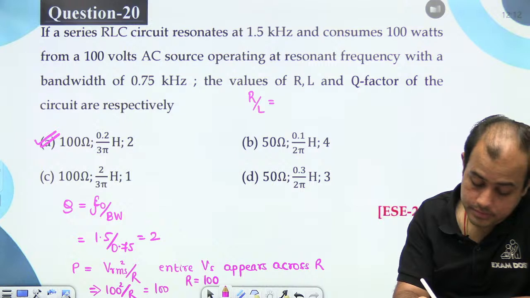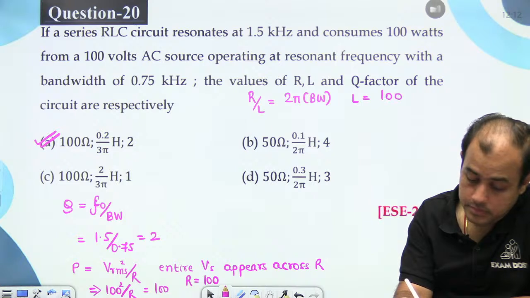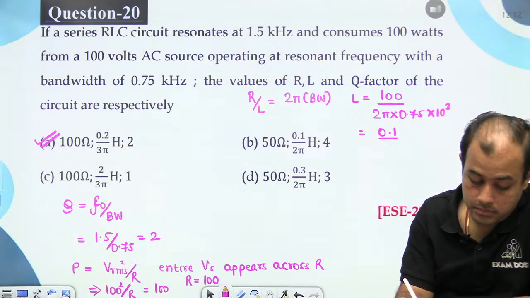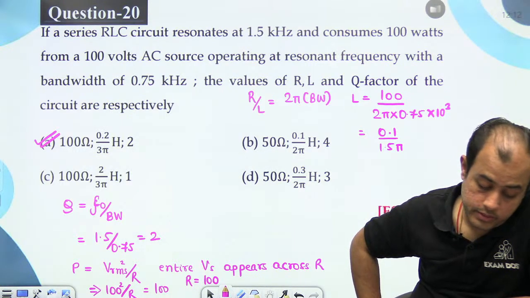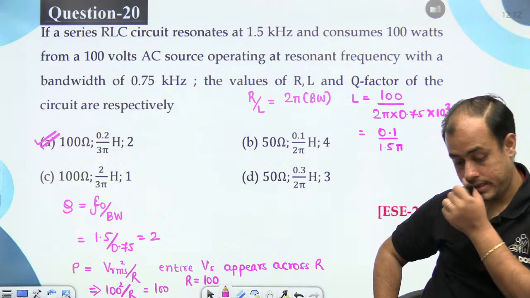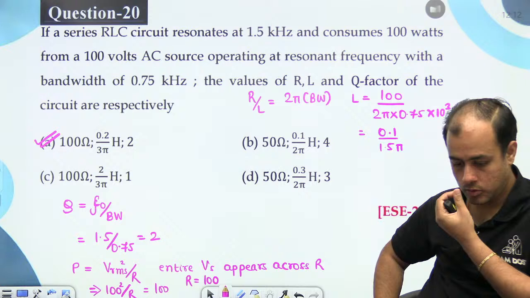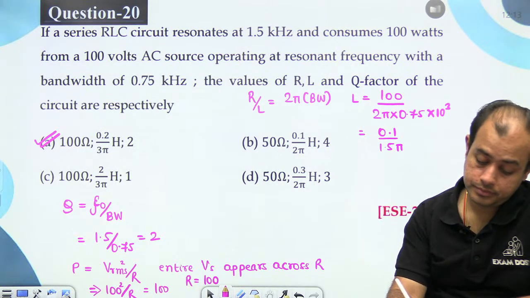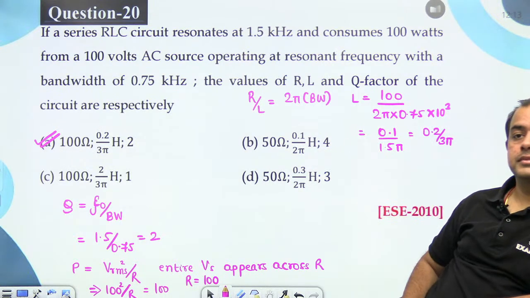R by L. 0.75 kilohertz. R by L आता है इसका bandwidth. 1500 पाई. 100 by 1500 पाई. 1 by 15 पाई. तो आंसर विल बी A. ठीक है, A आ गया.